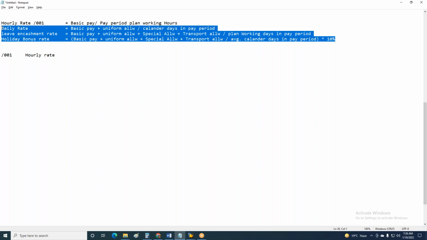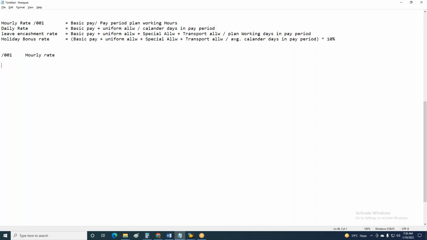All other rates can be stored in any other technical wage types from /002 to /099. You can use them. If technical wage types are not available, you have only /001 and /002 in the system.